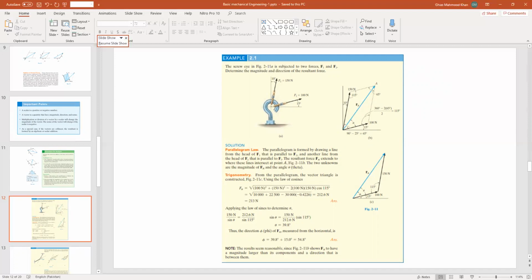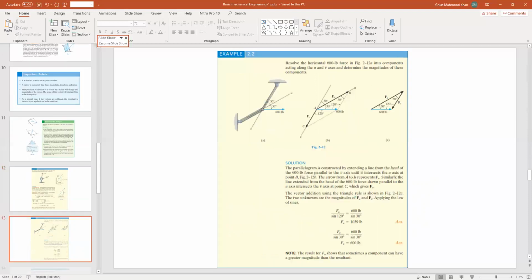First we draw a free body diagram in figure B and apply the law of cosine to determine the resultant vector. For the direction, we apply the law of sine. It's already solved here, so you can go through it and get a better idea of how to resolve these vectors, find the components, and determine the direction of the resultant vector.